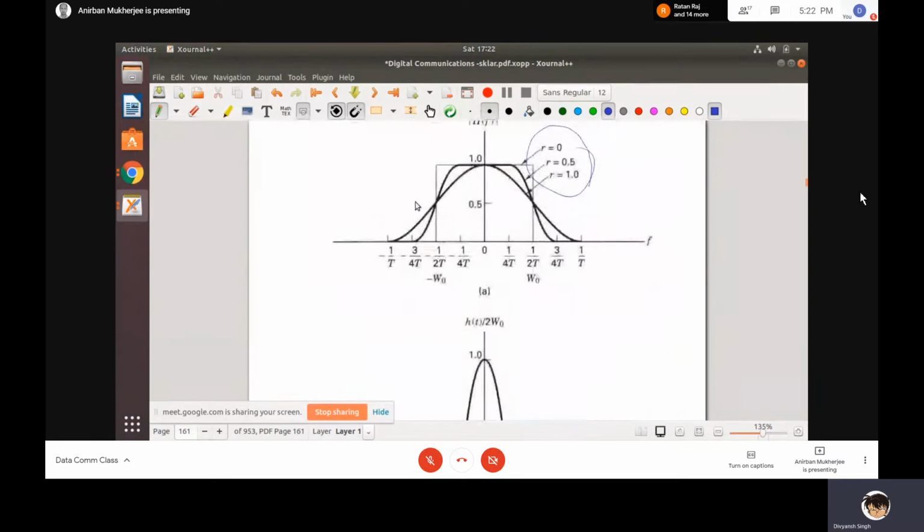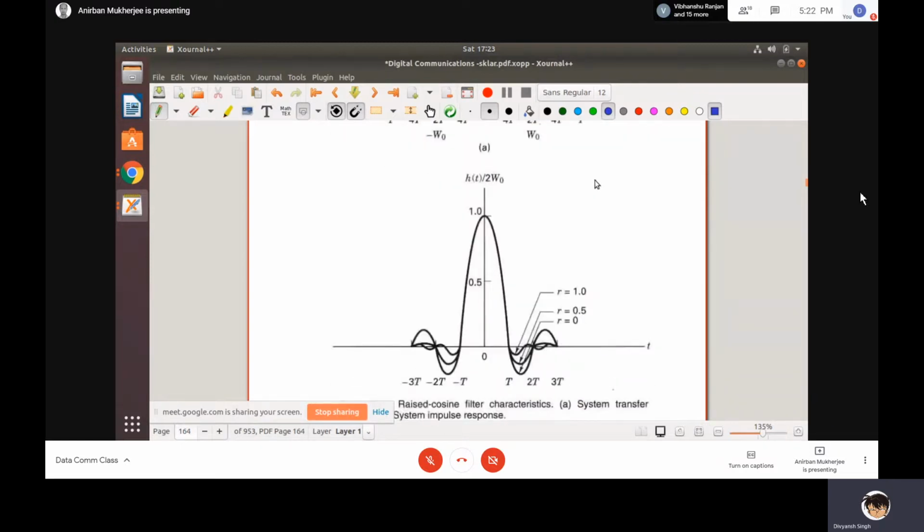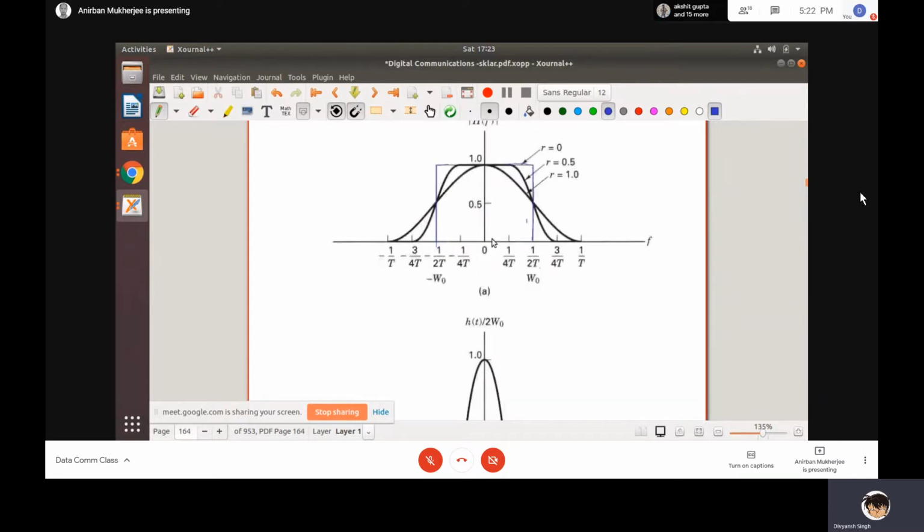If you remember from the other book we studied, this was our basic pulse with sinc. The bandwidth was 1 by 2T, that is 2 symbols per second in 1 hertz.